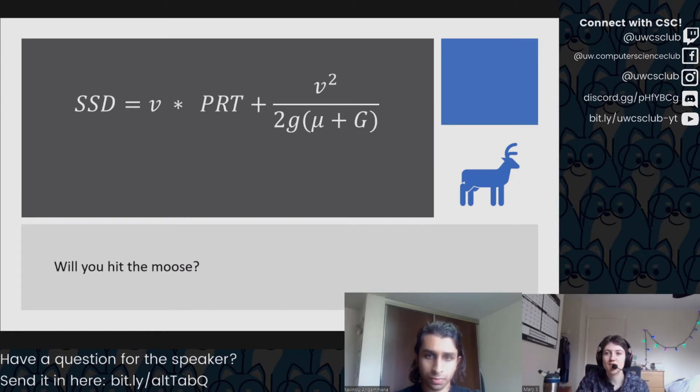Even if you're following a self-driving car, the self-driving car might still need to stop all of a sudden because of something it has to react to, and you still have to react to the car in front of you. So reaction time is important, but it's not the only factor. There are two main terms.